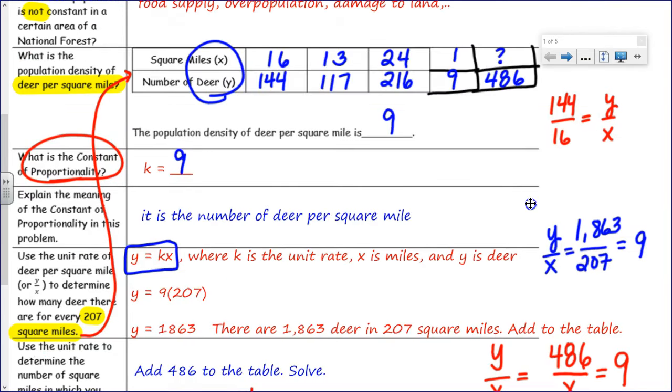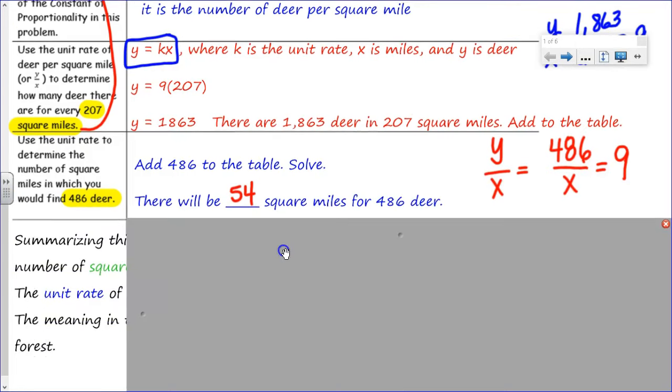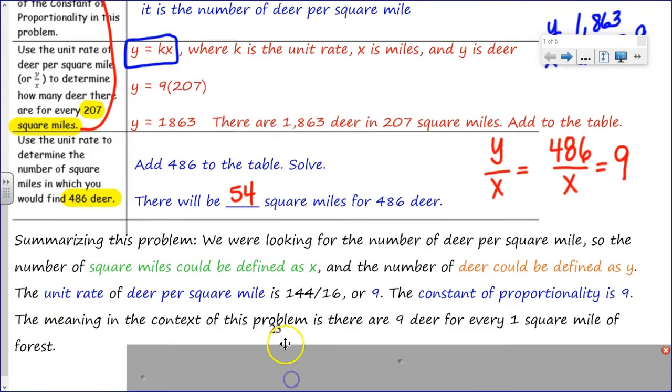So 54 goes in here for the square miles. Okay, now you don't need to write all this down, but it's basically just saying that in order to solve this, it's the deer divided by the square miles, and that will give you 9, the constant of proportionality. If you want to pause this and write it down, feel free.